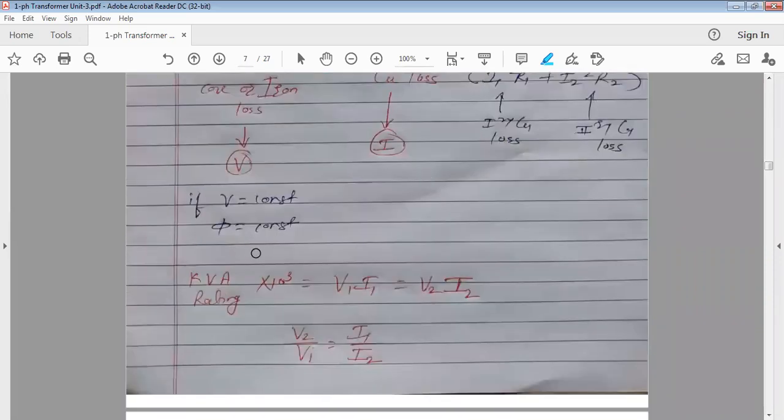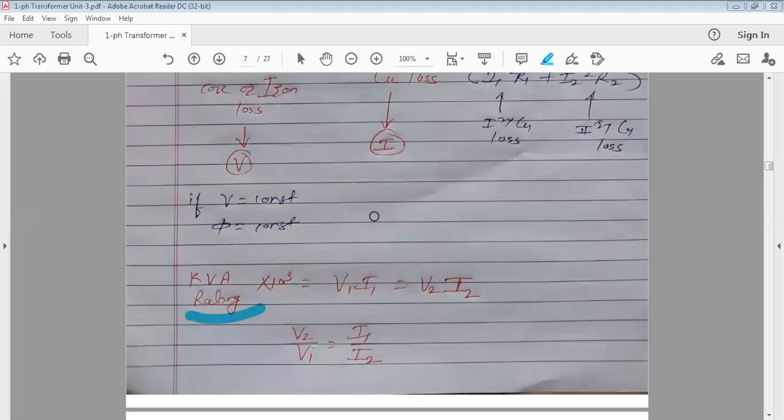Now, the kVA rating of the transformer you will be using for the fifth experiment, the practical direct loading method, is a 1 kVA transformer, 110 volts / 220 volts. On the nameplate it is written like this, I'll show you in 1 minute.